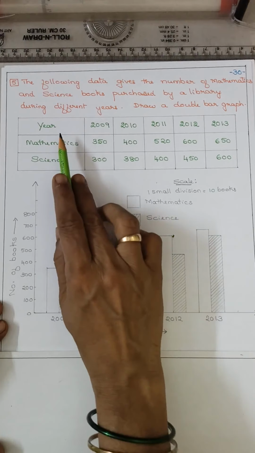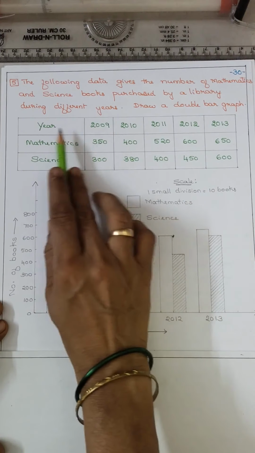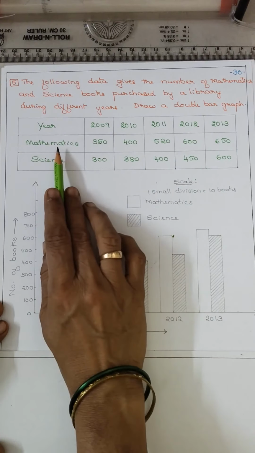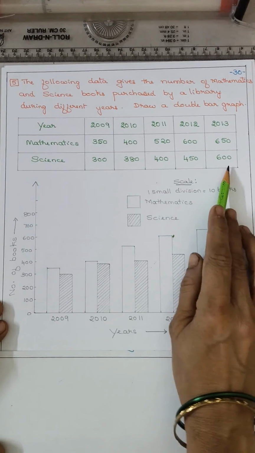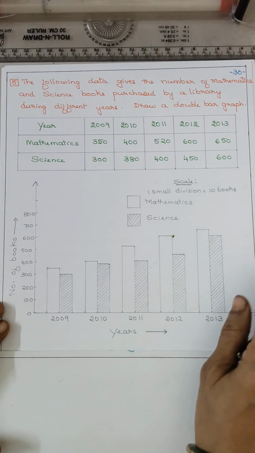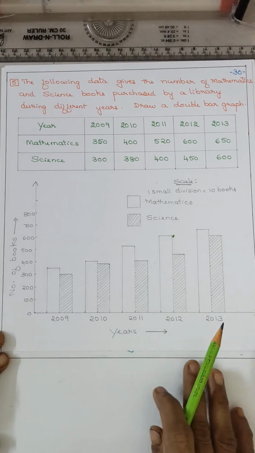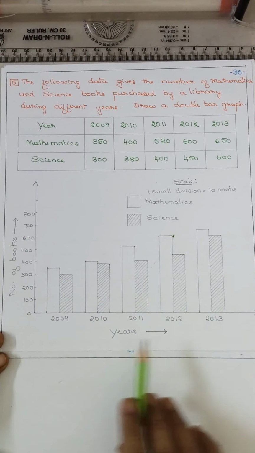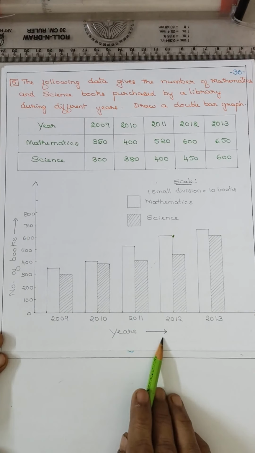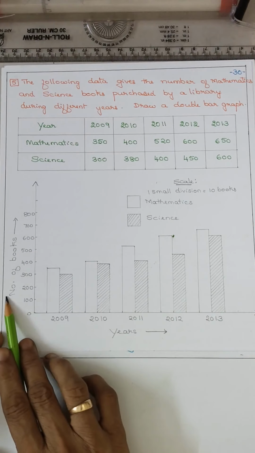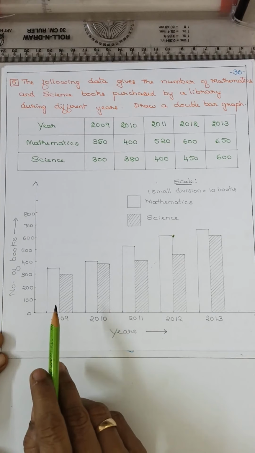So from year 2009 everything is given. This is mathematics books and the science books. So draw x-axis and y-axis. On the x-axis, write years, and on the y-axis, you write number of books.